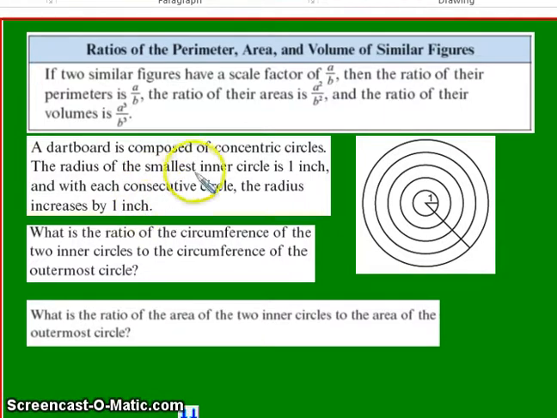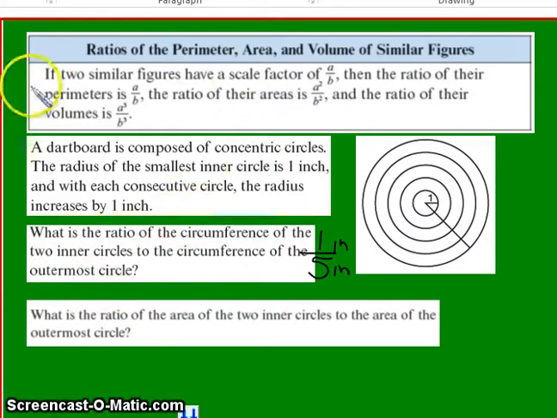Well, we know that the radius is 1 inch in the smaller circle, and it says that each consecutive circle, the radius increases by 1 inch. So we have 1 inch here, we have 2 inches for this circle, 3 inches for the next circle, 4 inches for the next, and 5 to the next. So the radii are in a ratio of 1 inch to 5 inches. Now we need to know the ratio of their circumference.